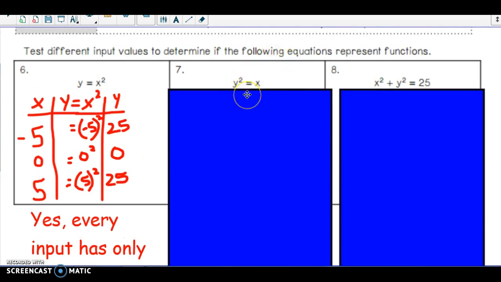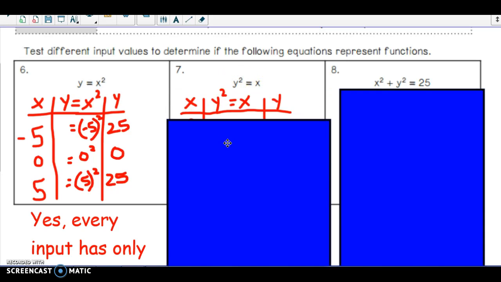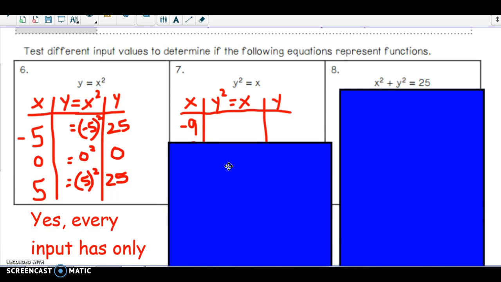Now, the middle equation is a little more complicated. You need to find out what y is based on the fact that y squared equals the x value. So this time we're going to substitute in an x value of -9. And this gets very confusing because if you remember how exponents work, is there any number that you can square and come out to have a negative answer?